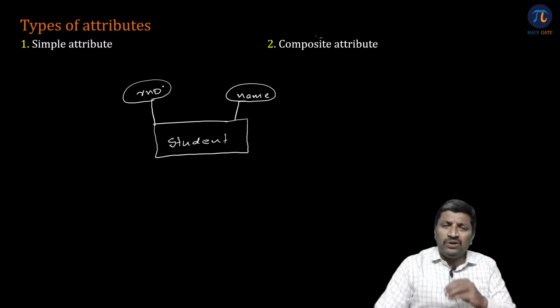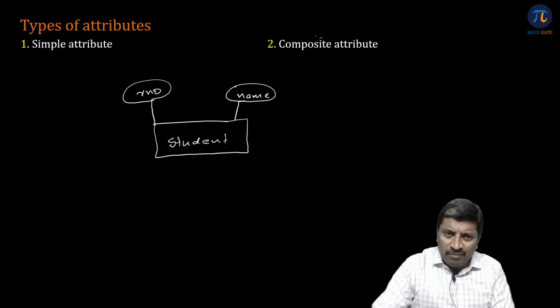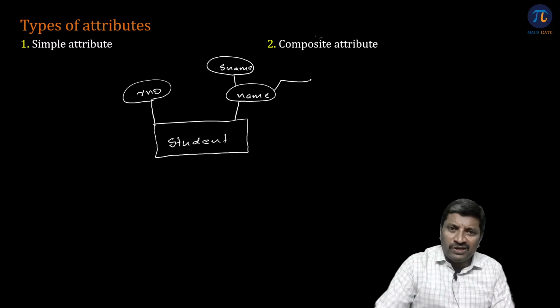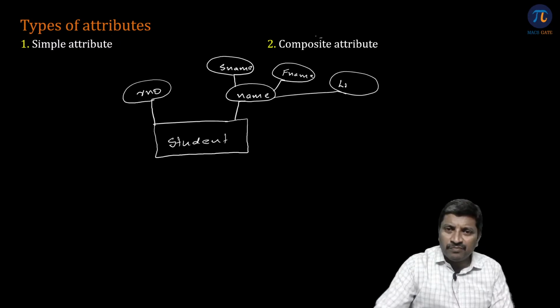Roll number is a single piece of information. But when coming to name, some applications will divide further: surname, first name, last name.